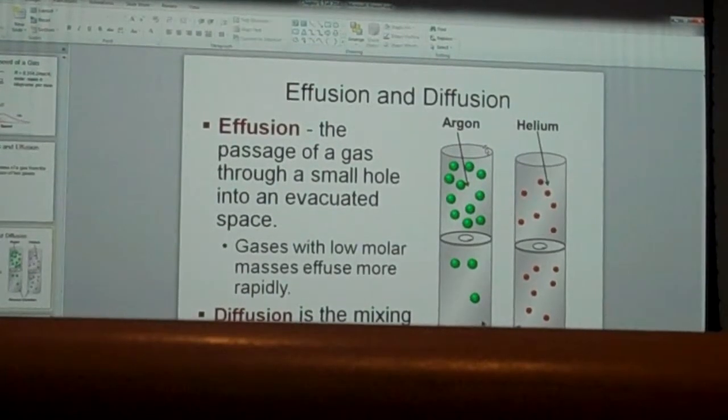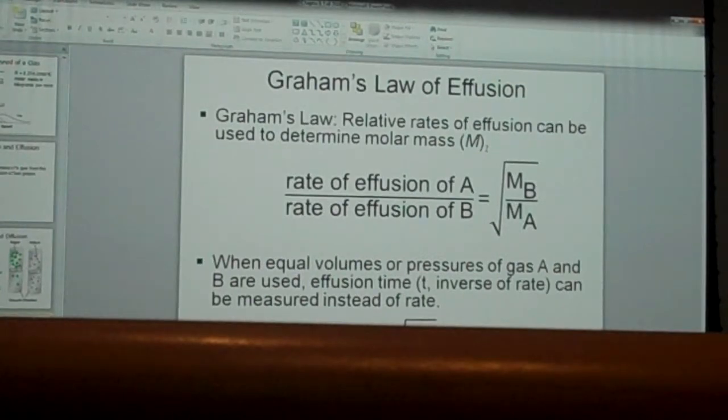We can calculate the number of moles we would need, so we put it in there so it's exactly 1 mole, based on its pressure, if you will. And then pull the lid off, let it go again, and get the time of that one. From those 2 times, I can easily calculate the molar mass of that second gas by using this equation. And I like the bottom one better, because time is easier than rate. But either one of those will work.